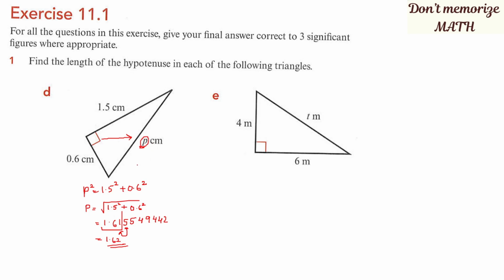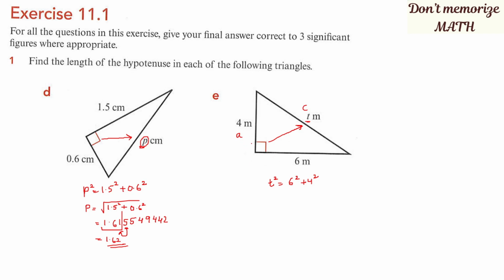Next one, opposite of 90 degrees is t meters. Use Pythagoras theorem. The hypotenuse squared, that is t squared, equals 6 squared plus 4 squared. I hope you know Pythagoras theorem: opposite of 90 degrees is c, the hypotenuse, and the other two sides are a and b.